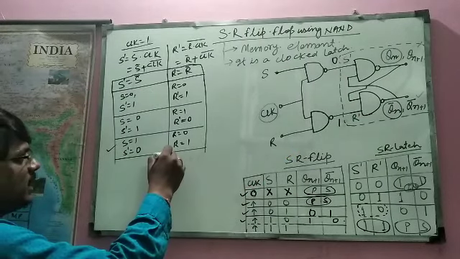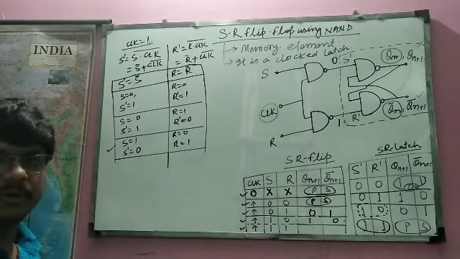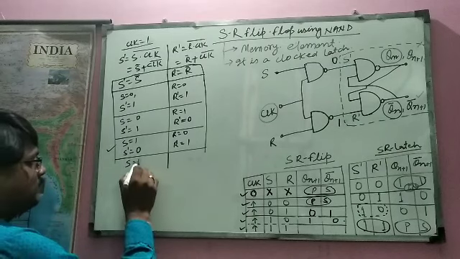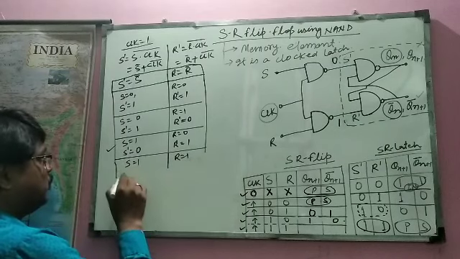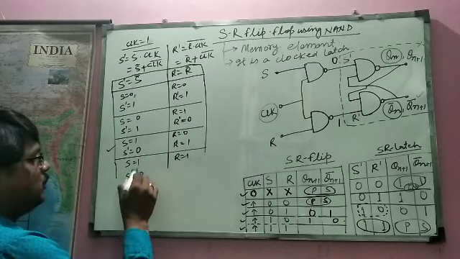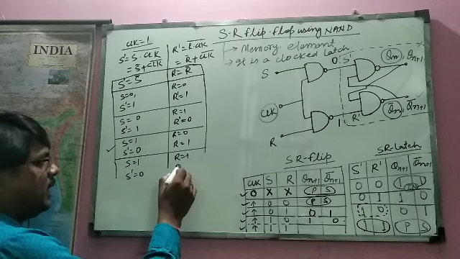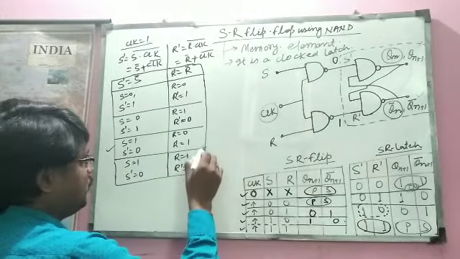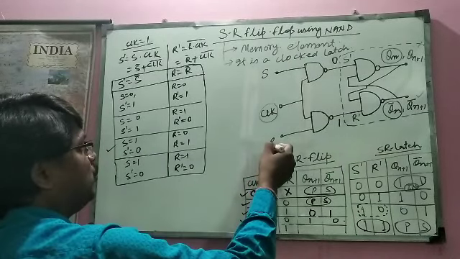The last case we will take is when both of these inputs are 1, S is 1 and R is also 1. S dash will be equal to 0 because S dash is S bar, and R dash is also 0.